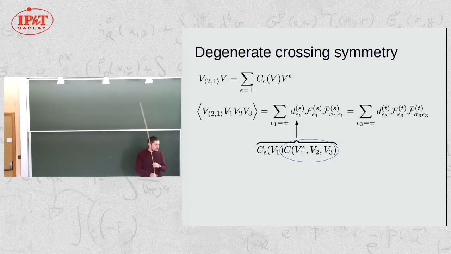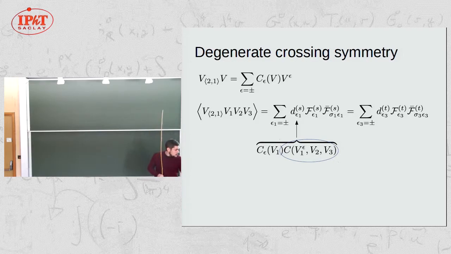Now the S and T channel conformal blocks represent only two bases for expanding this function, but we can relate these bases to each other, and thus we can compute exactly the ratio, for instance, of the two S channel coefficients.